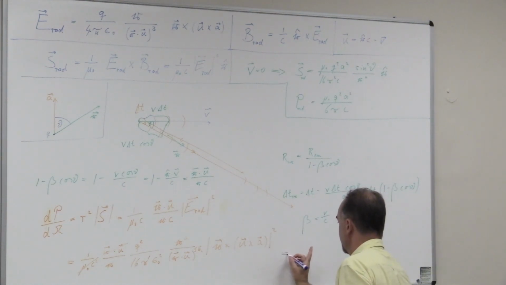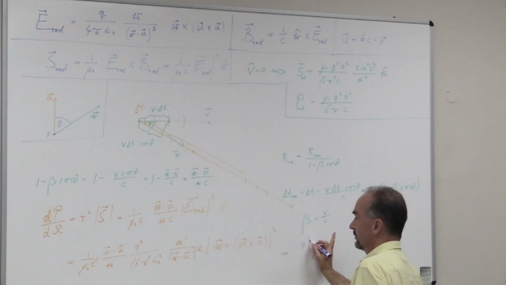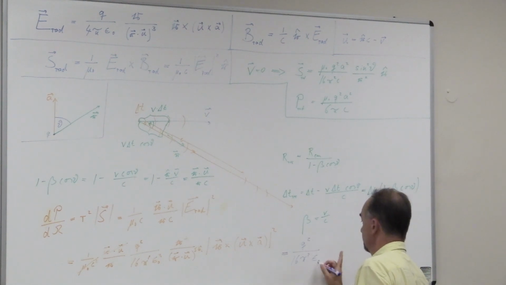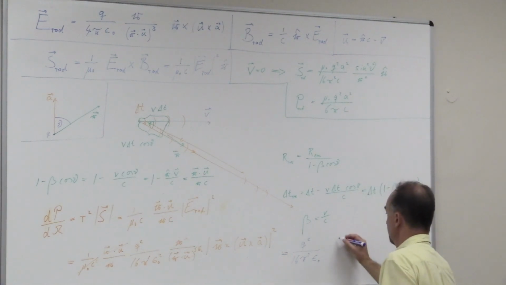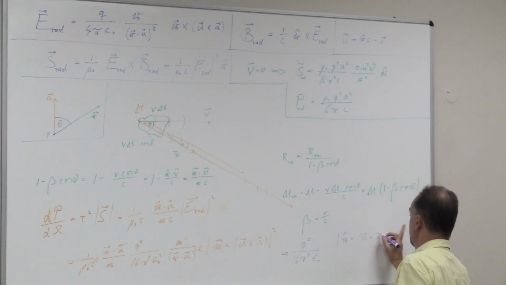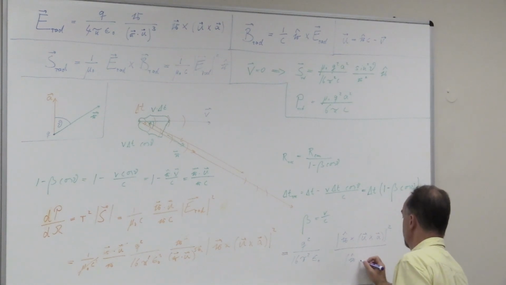So that means the power per solid angle we can write as q squared over 16 pi squared epsilon naught, a squared over, right.